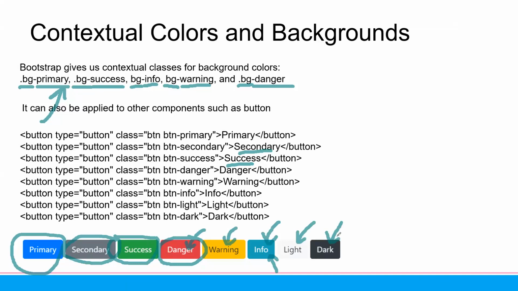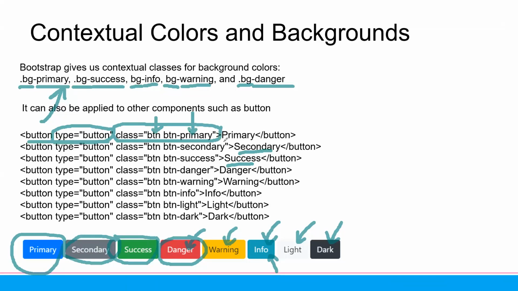Okay. And those definitions can be used in any kind of tag. For example, here you can see the button. If you are making a button and then you call the button from Bootstrap, this is the class btn and btn-primary.